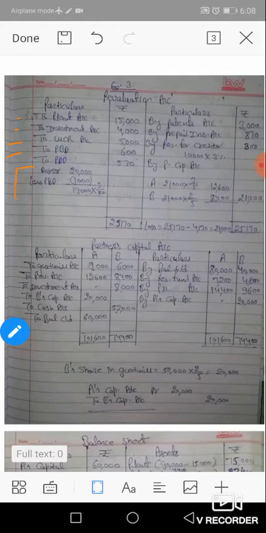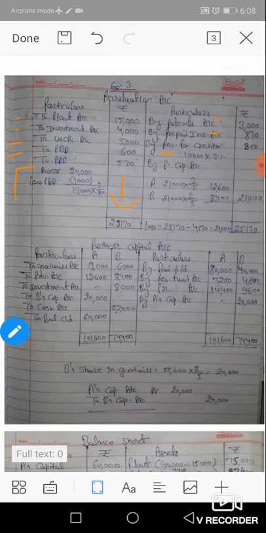PDD: total debtors 20,000 less new PBD 1000, so debtors 19,000 into 3% is 570. This is our debit side. On the credit side: patent increased by 3000, profit; prepaid insurance increase 870, profit; discount on creditors, our profit, CR side. This is our transaction of DR and CR both.